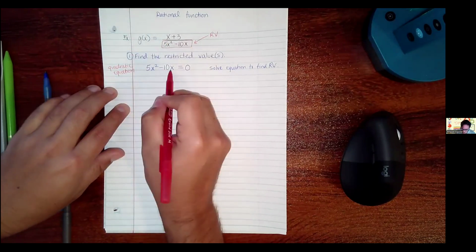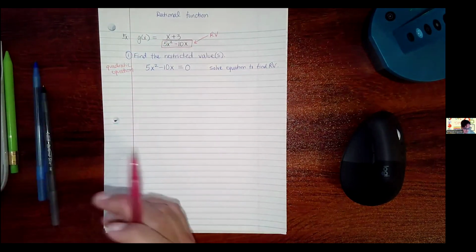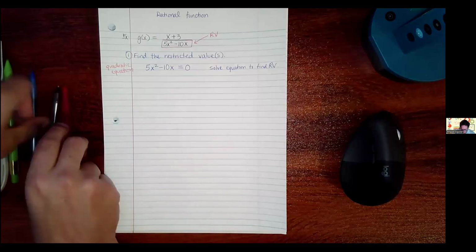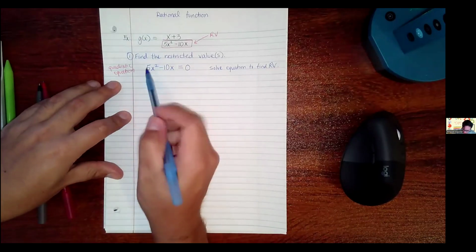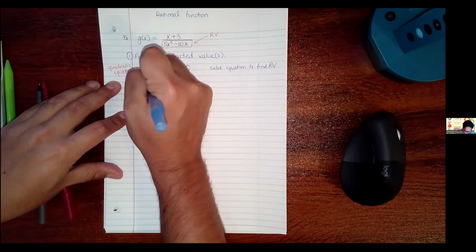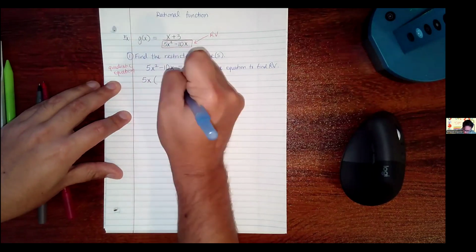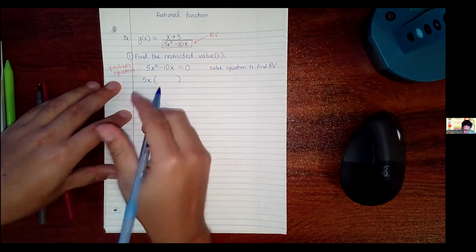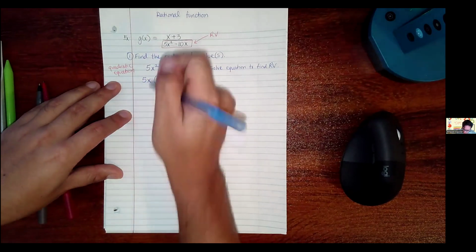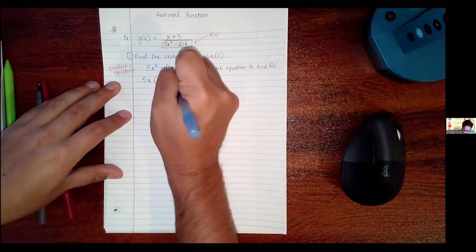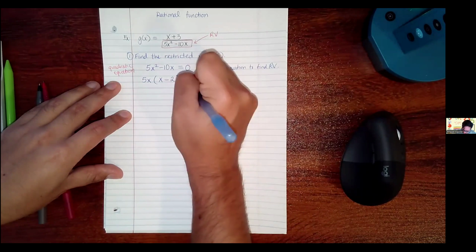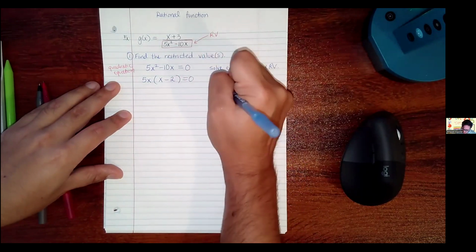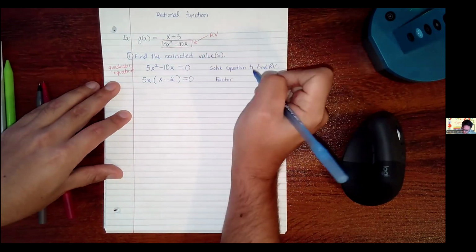And usually we solve quadratic equations by factoring. So if I could factor this, then that's what I want to try. And both of these have a 5x in common. If I factor out the 5x, I'll have x minus 2 equal to 0. So that's my factoring step.